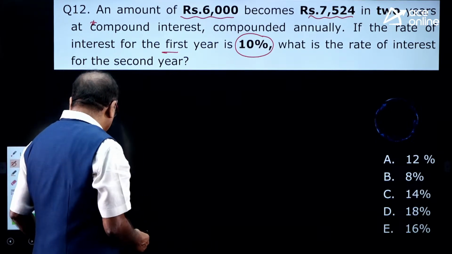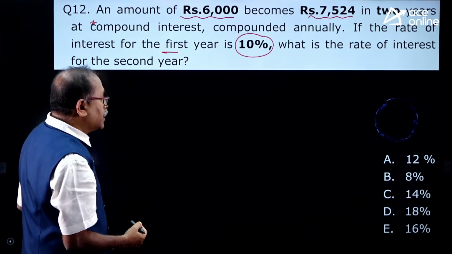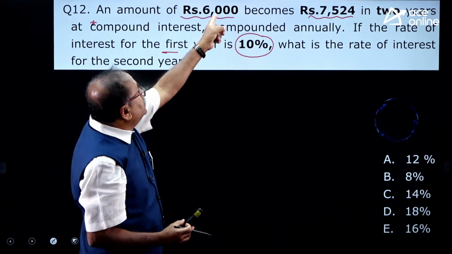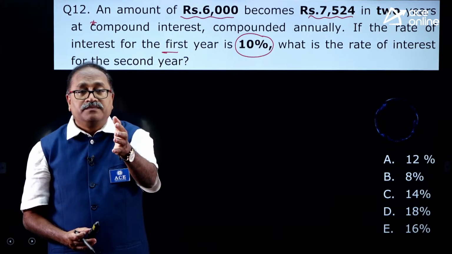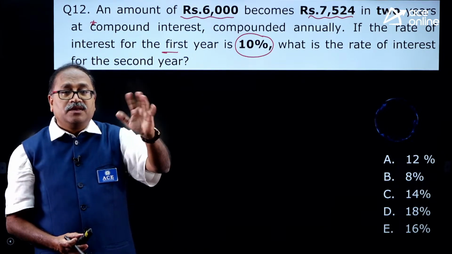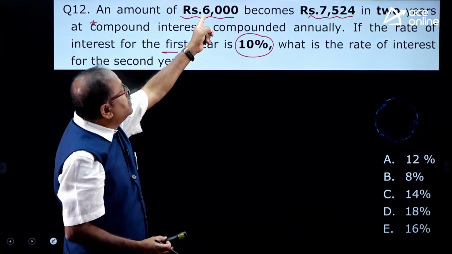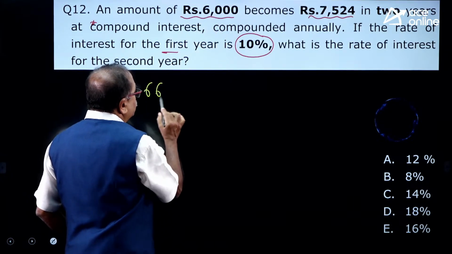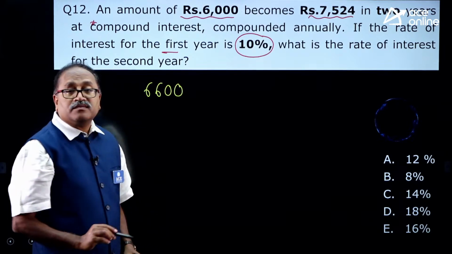Okay, I will give some clue and then I will give time to you. In the first year, if it is 10%, then what is 10% on 6,000? 600. So add that 600, the principal for the second year will be 6,000 plus 600, which will be 6,600.